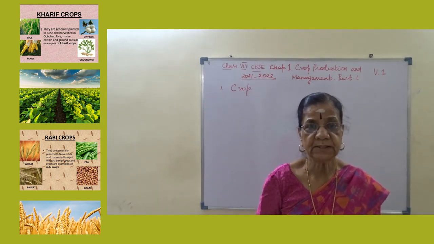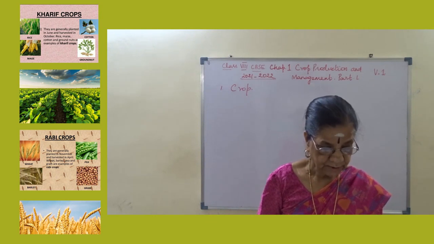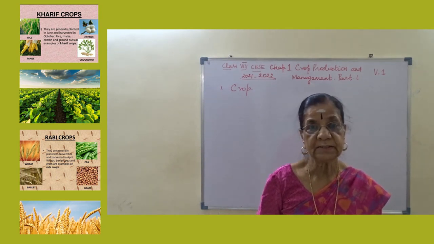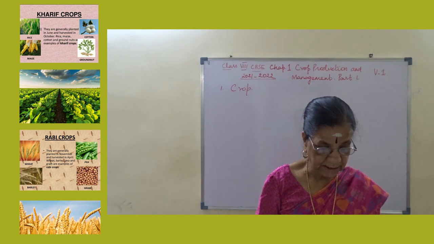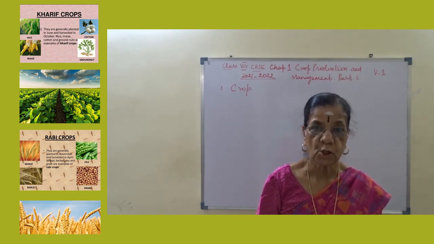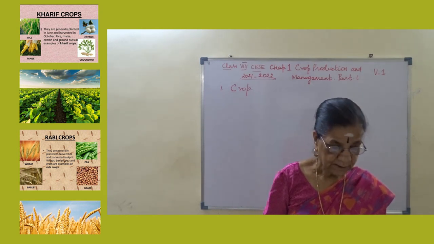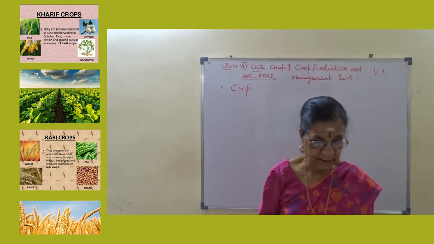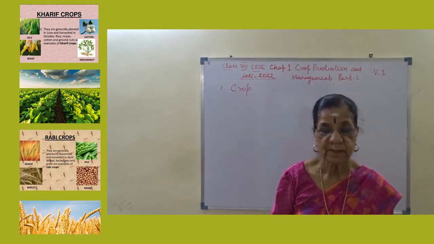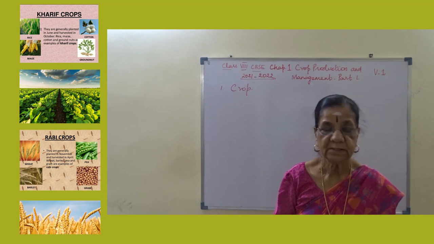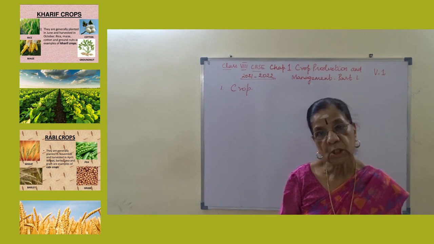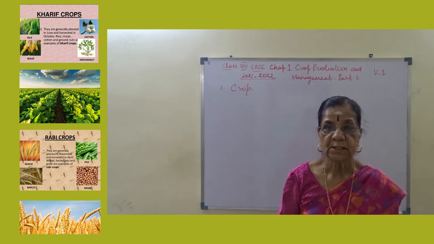When plants of the same kind are grown and cultivated at one place on a large scale, it is called a crop.